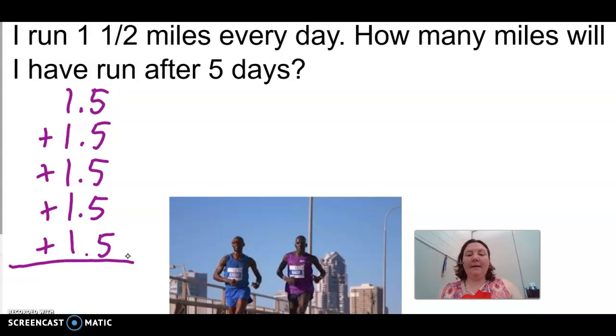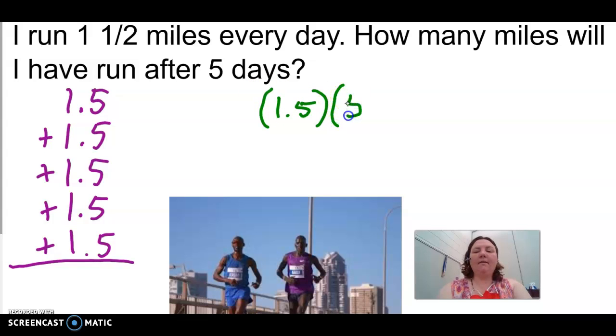And I could add up my total distance, or I could also recognize that if I'm doing the exact same amount every single day, I could multiply by the number of days I run that distance. So we could use repeated addition, or we could use multiplication to solve this problem.